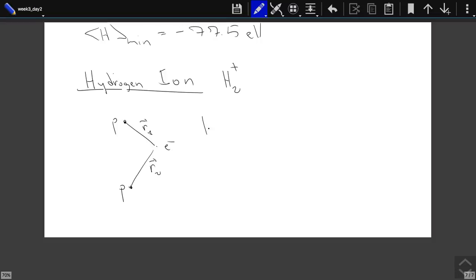Now we have our Hamiltonian, minus h bar squared over 2m, the Laplacian, plus e squared over 4 pi epsilon 0, minus 1 over R1 plus 1 over R2. This time we have just a single electron.